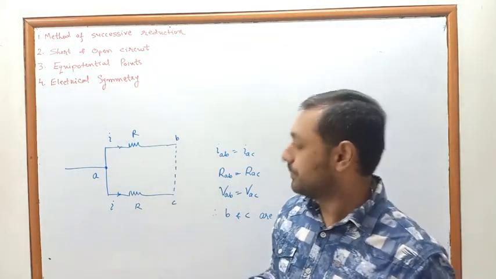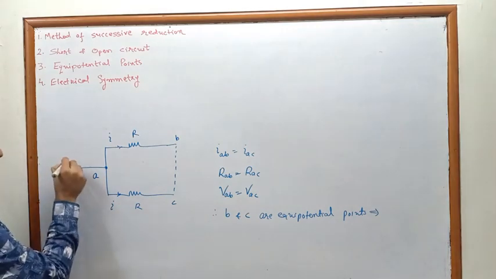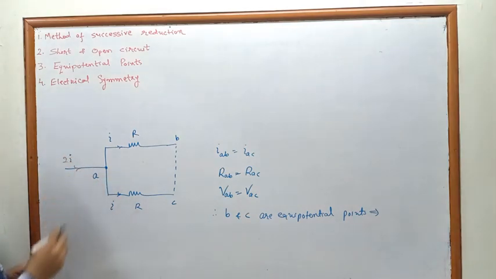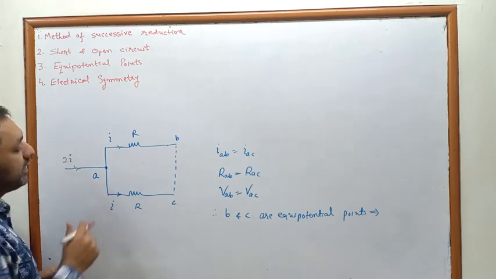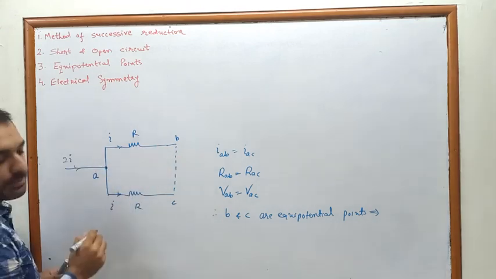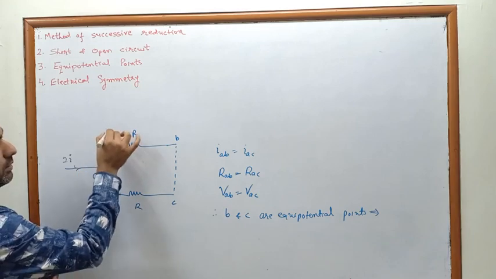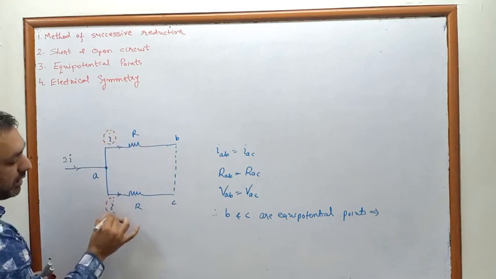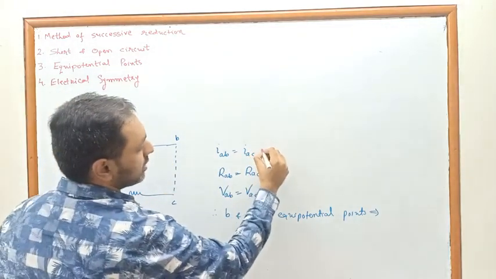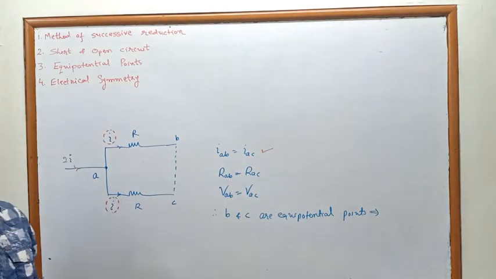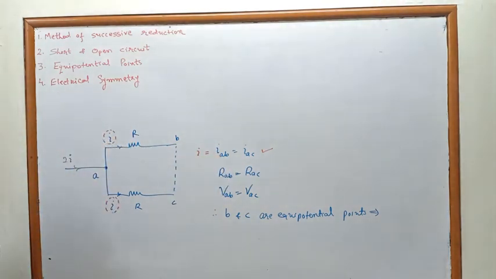Consider this particular network in which, from this point, 2I current is coming towards point A. Now if you find that in branch AB and another branch AC you have the same current I and I, so IAB is equal to IAC.